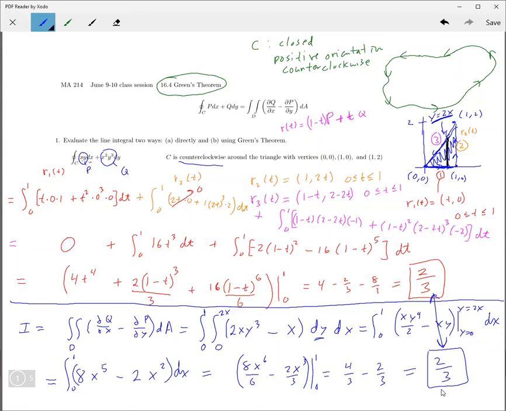Okay, so that's kind of interesting. We do it two seemingly completely different ways, and you get the same answer. Green's theorem is sort of like the fundamental theorem of calculus, but for 2 dimensions.